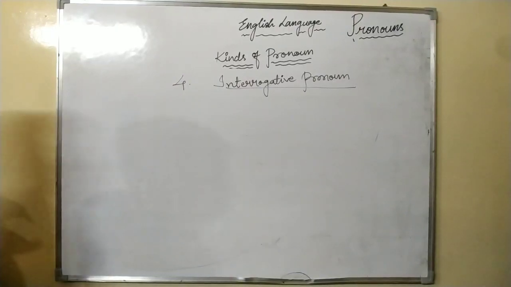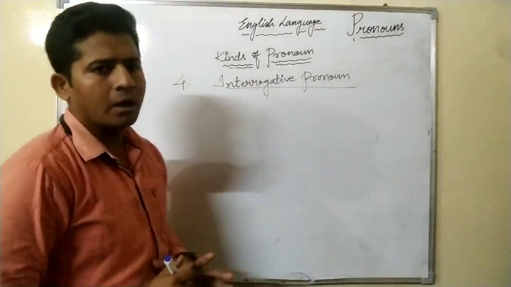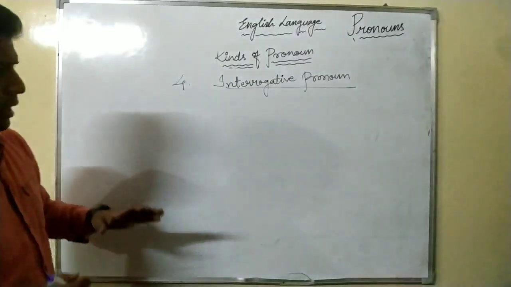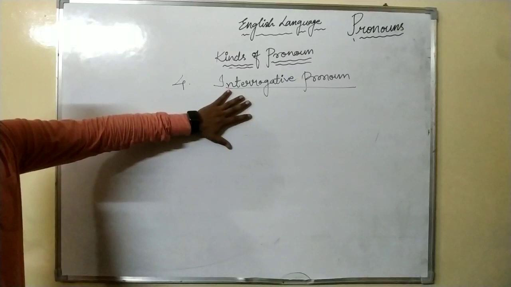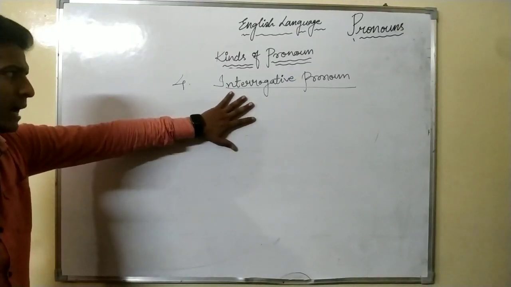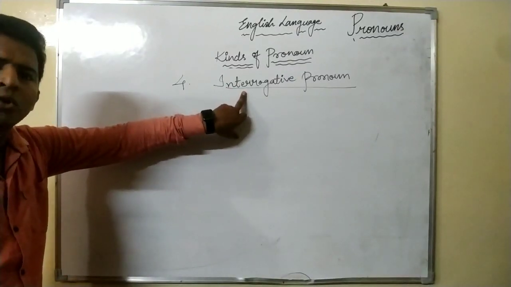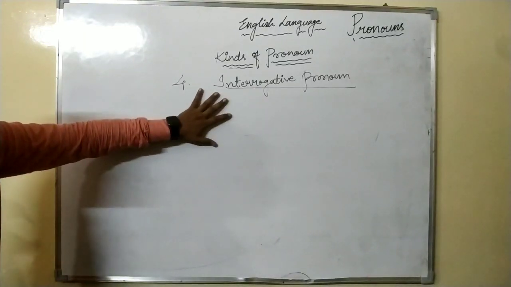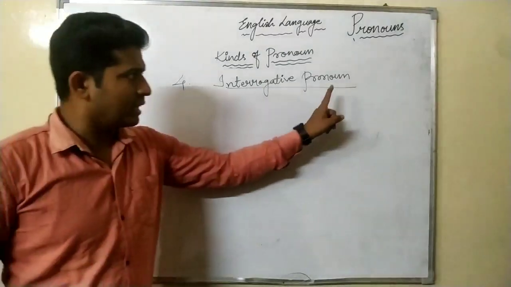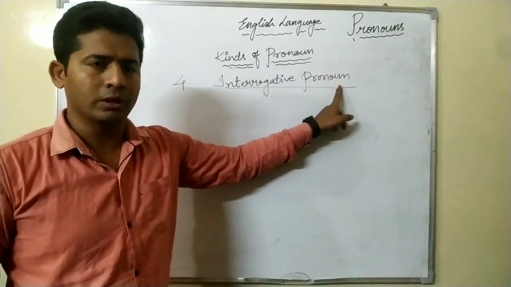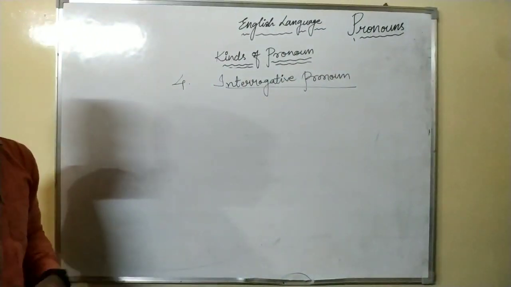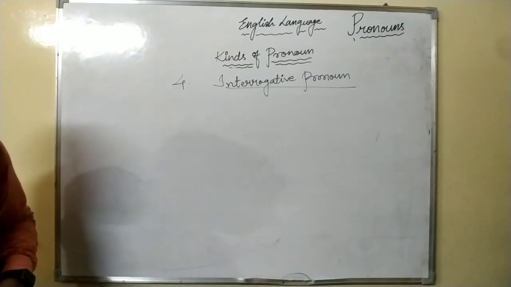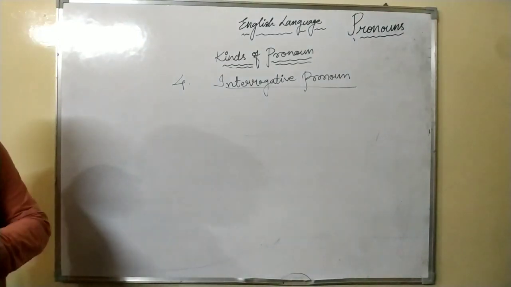So it will not come along with any noun. Adjectives, they come along with a noun. Interrogative means question. So the words which ask a question, the first thing is that the word should replace a noun. Then only they will be pronouns. If those pronouns are asking questions, they will become interrogative pronouns. Like what, who, which, where.